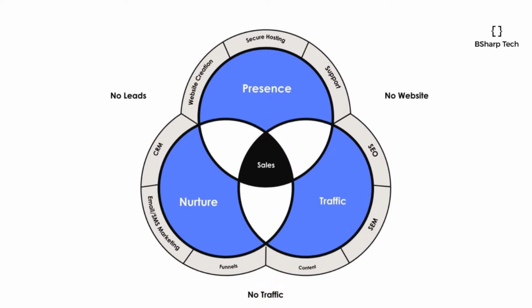They won't be interested in your product, or they think they're interested, but they're just doing research, etc. So this nurture side is all about trying to capture those people using various techniques, and I'll talk about that throughout the reviews, and doing things like email marketing, building lead funnels, and we also have a CRM called BSharp CRM, which is a customer relationship management tool that enables you to manage the relationship with those leads once they're off your website.